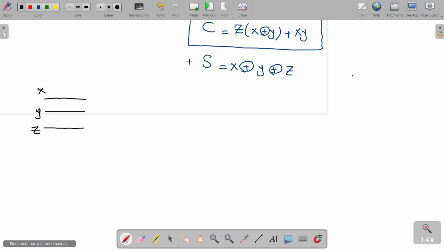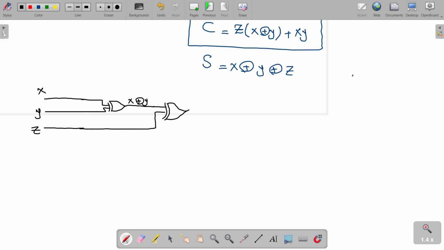Okay, now I want to produce the S. For the S, here is x XOR y, then this one will be XORed with the z. So as a result, here is S.